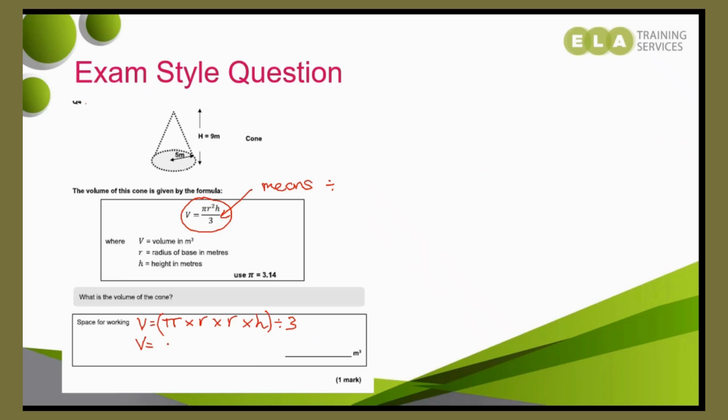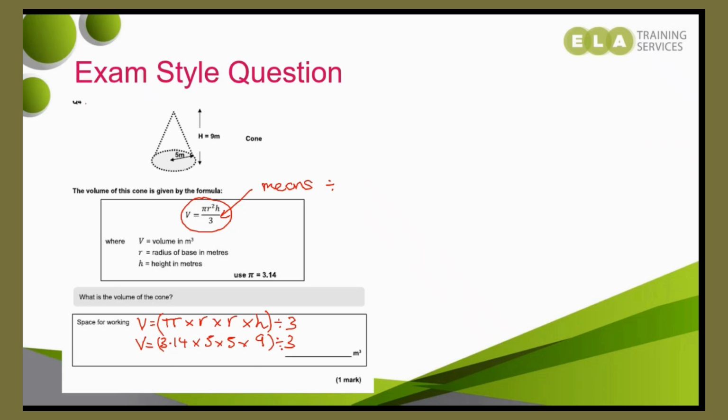Then we're going to substitute our numbers. 3.14 times the radius, so the base in meters, is 5, multiplied by 5 again, times by the height of the cone, which is 9, bracket that off, divide by 3. I'm then going to pop that whole bracketed bit into my calculator.